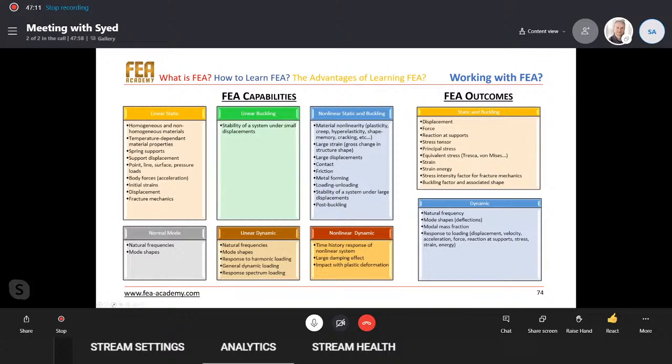So here, this slide shows you the various capabilities with the associated outcomes when engineers are using FEA. So you see, it's a lot of FEA capabilities. We have FEA capabilities for linear static, for linear buckling, for nonlinear static and buckling, also for normal mode, linear dynamic, and nonlinear dynamic. I don't want to go into detail here.